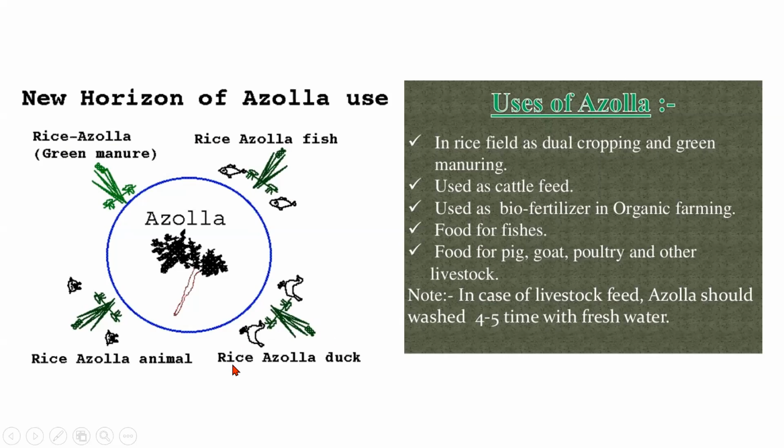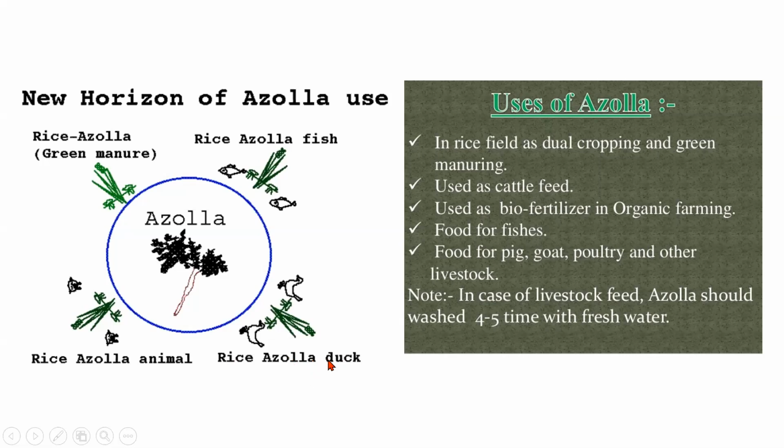Again, in some areas they grow rice, azolla, and duck. Because ducks grow in water, I mean, they like to be in water always. So they have started combining both poultry and agriculture, rice plantation. So rice, azolla, and duck. The azolla forms a feed for the duck.